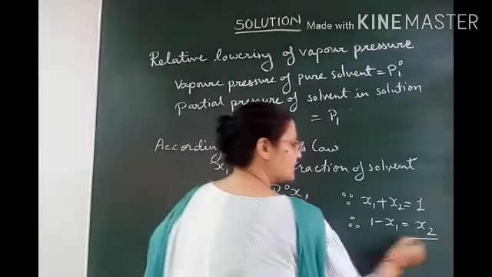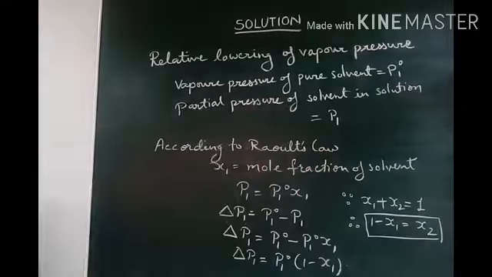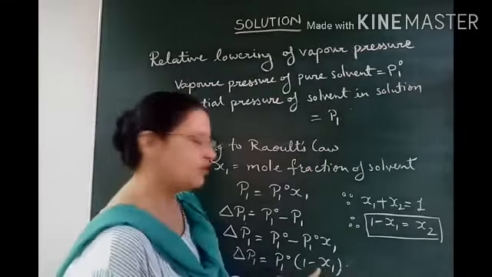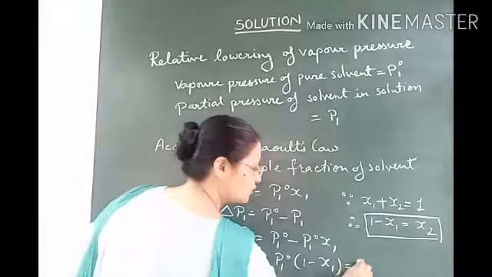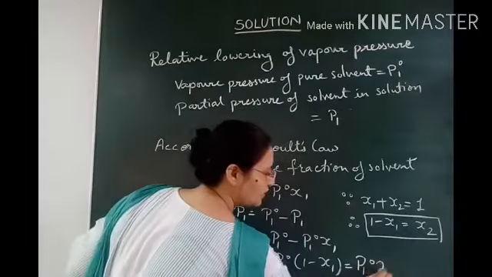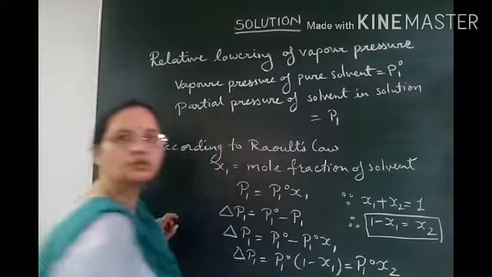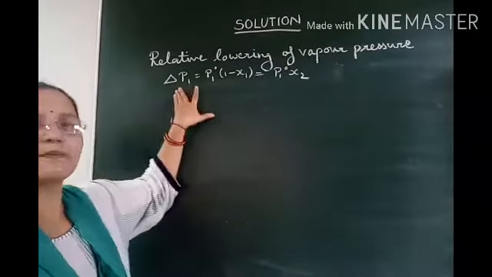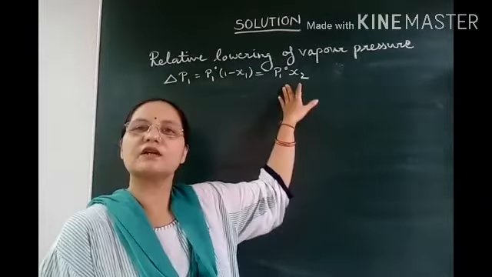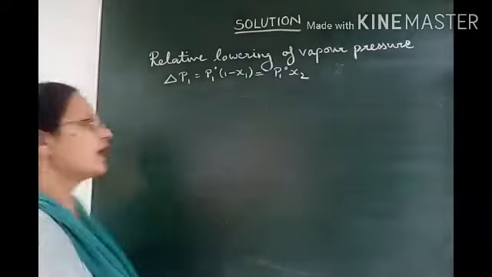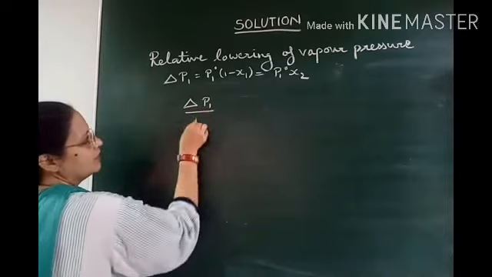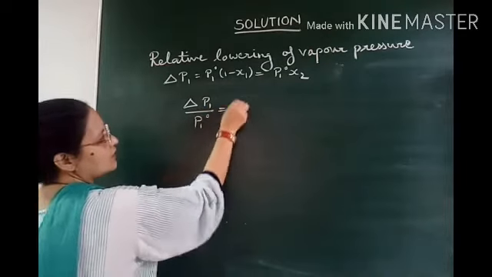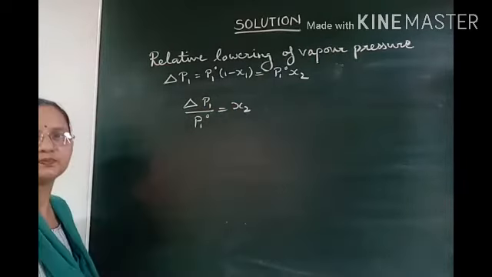We can put this value in our equation, so delta P1 is equal to P1 naught X2, and we can also say that delta P1 upon P1 naught is equal to X2.